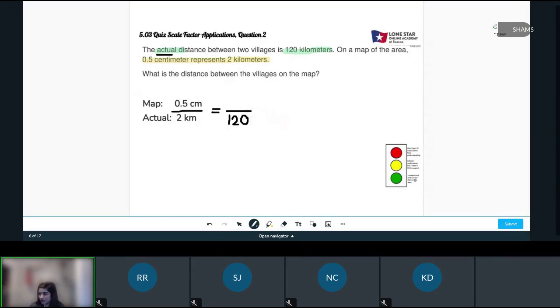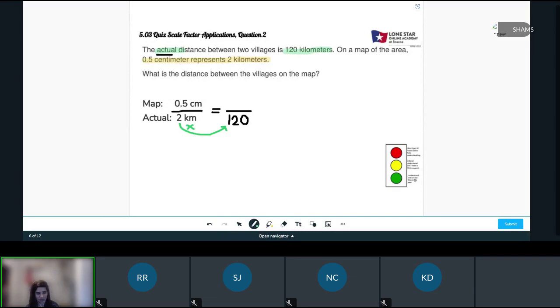Notice that the numbers were very compatible, and you can figure out the answer. From 2 to 120, it is how many times? It's not going to be a very hard one.